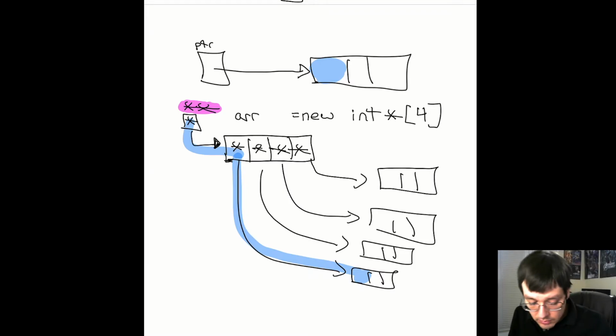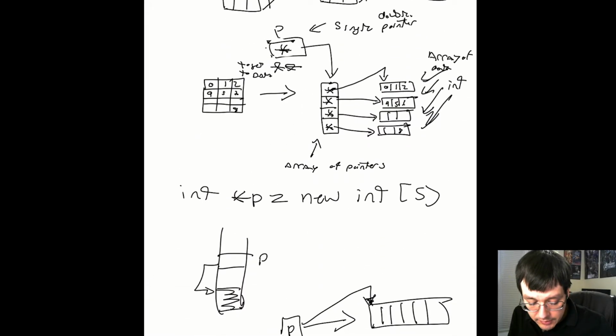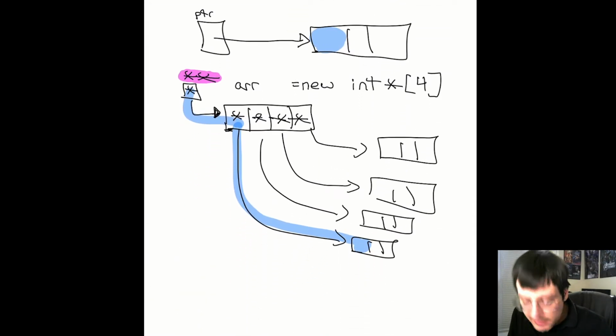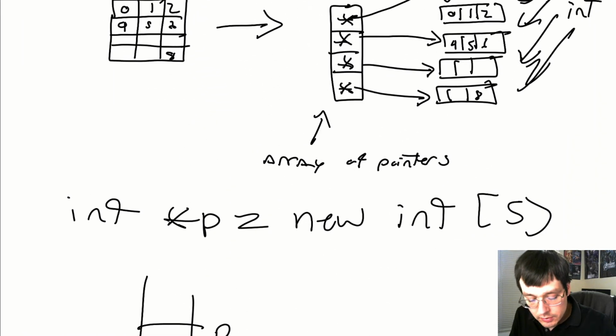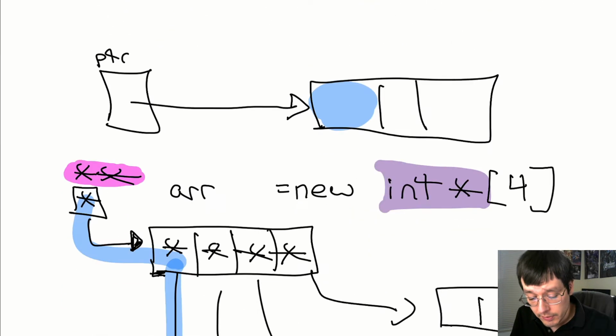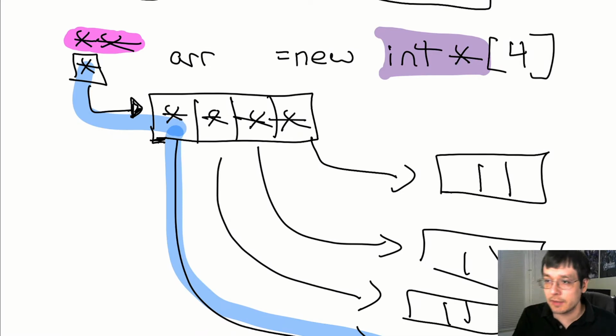Okay? So for me to declare this pointer array right here, I'm not making just any kind of array. I'm making an integer pointer array, because this is an integer pointer here. Unlike this, which is a normal integer array, and this is an integer pointer array. That's a data type right there.